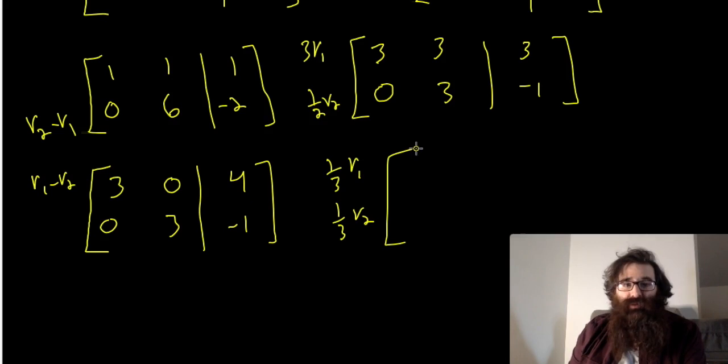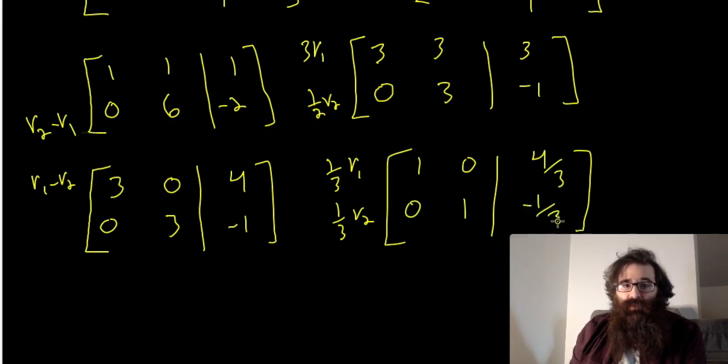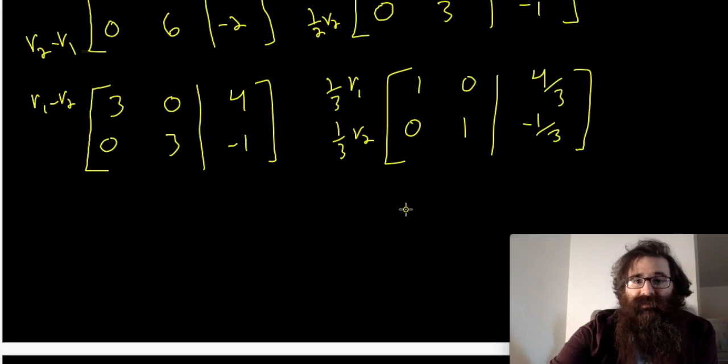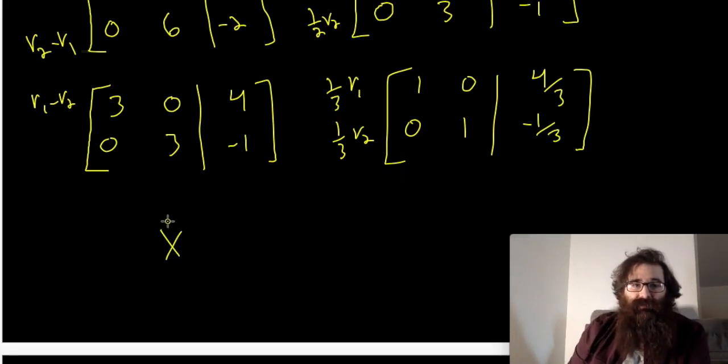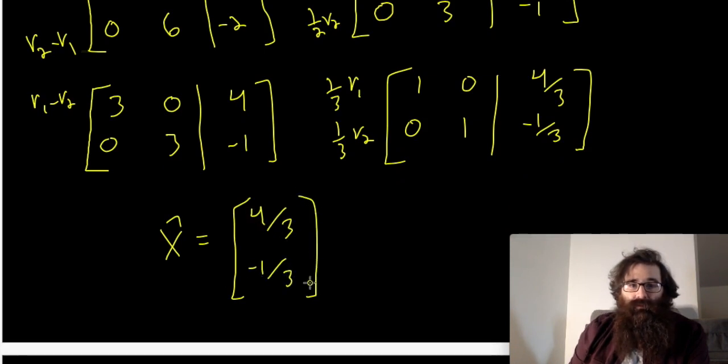So when I scale the rows by 1/3, I'm going to get 1, 0 augmented with 4/3, and 0, 1 augmented with -1/3. And this is my vector x hat, with entries 4/3, -1/3.